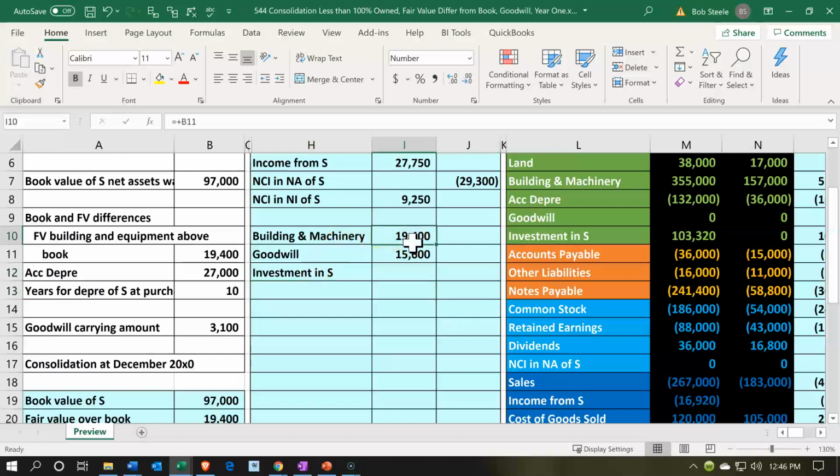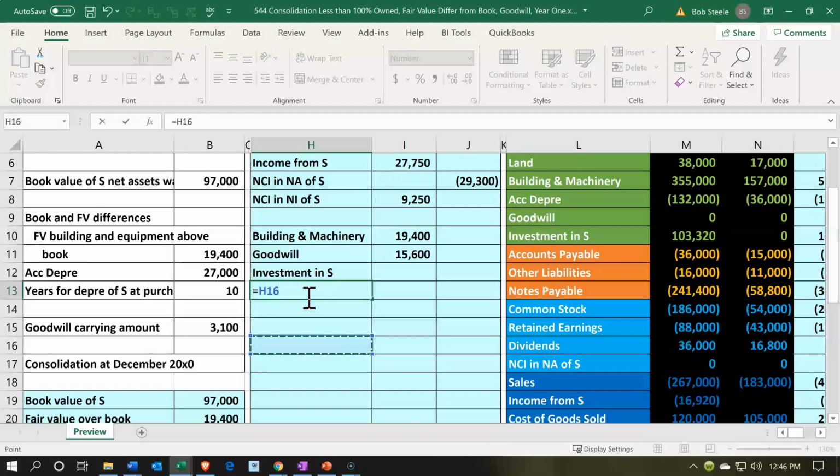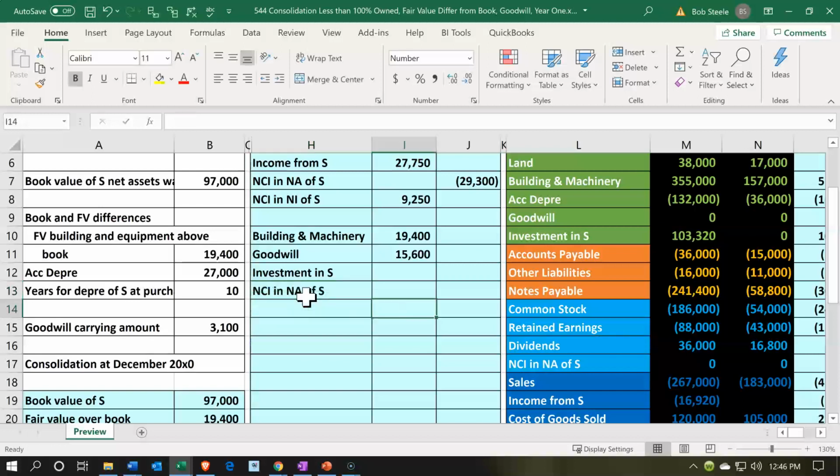So we're increasing these for the full amount that they increased, not just our 75%, which means we're going to have to represent our 75% to the investment, which we've accounted for in the equity method, and then the other side going to the non-controlling interest in assets. So that means I'm going to add these up times 75%.